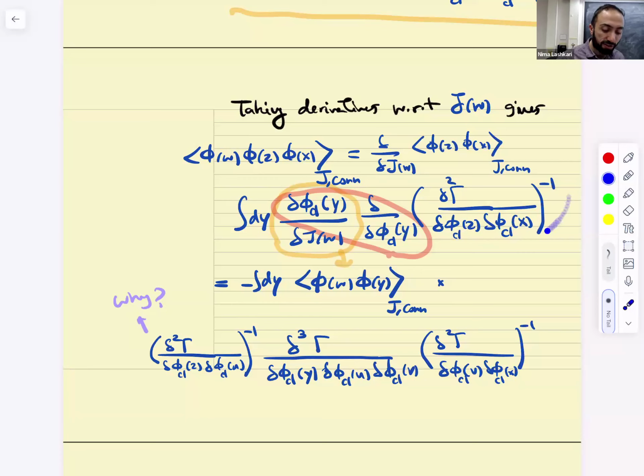If you take the derivative of an inverse of an operator, that's the inverse operator, derivative of the operator, inverse operator. That's just an operator relation. Is that familiar? It's an operator relation. If that's not familiar, work it out and see why.